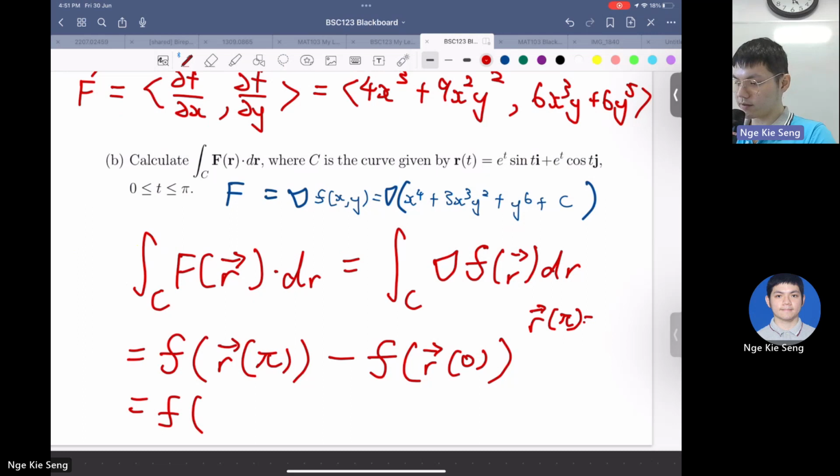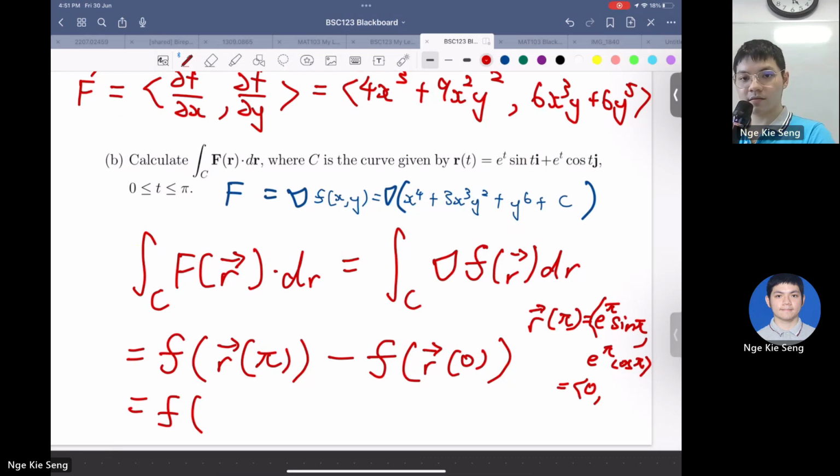So what's that? E pi sine pi and e pi cos pi. What is that? 0 and cos pi is what? Negative. So negative e pi.